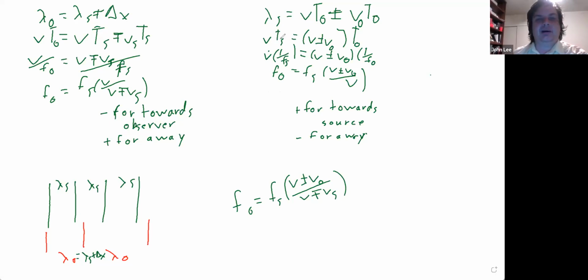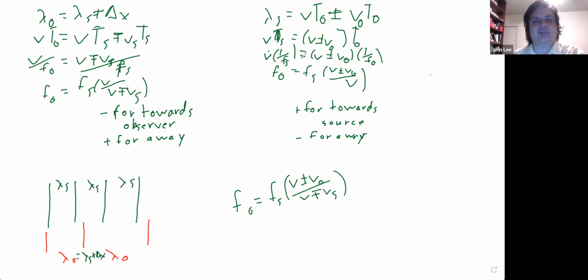And then if you have a moving observer rather than a moving source, then you have the same thing where lambda s, the lambda from the source, that the source appears to see is going to be equal to V times T naught plus or minus V observer times T observer, where V times the period of the source equals V plus or minus V observer times T observer.